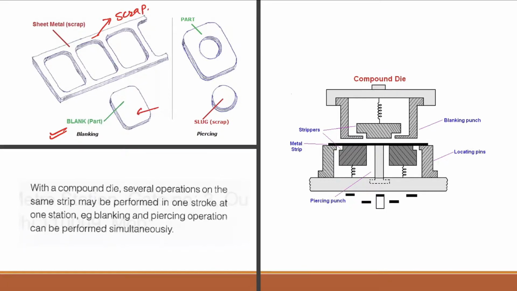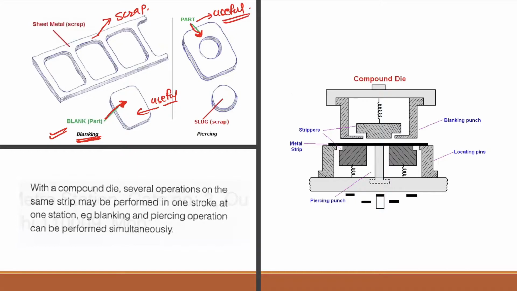And this part is a useful part, right? So why is it called blanking? This blank part is the useful part, and in piercing basically this part is pierced, right? So this part is useful, that's why this is called the piercing operation.